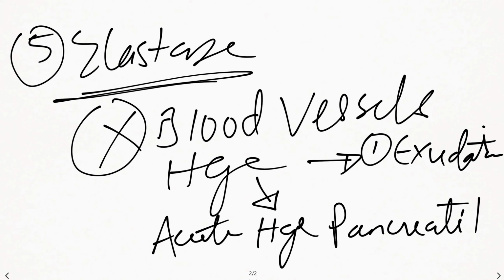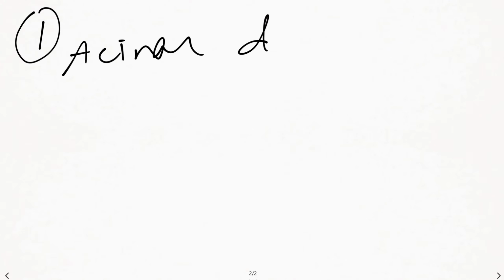So to make a long story short, in the beginning there should be acinar damage. The first step for pancreatitis is acinar damage; the acini should be damaged. How, no problem.